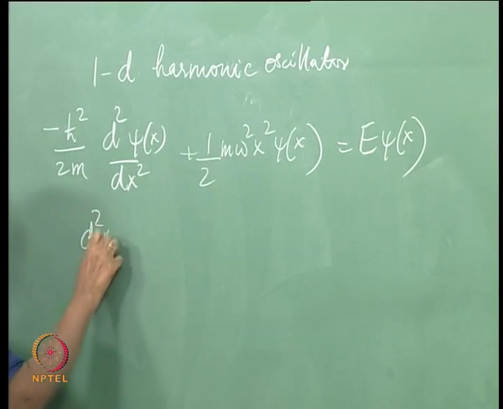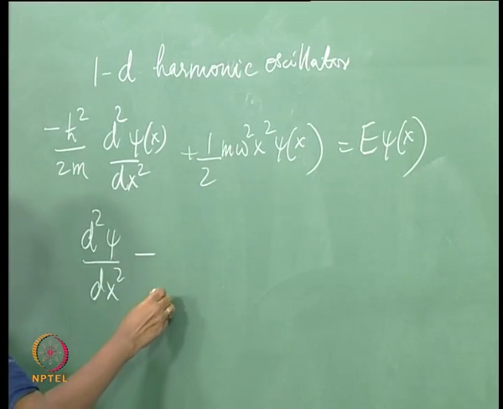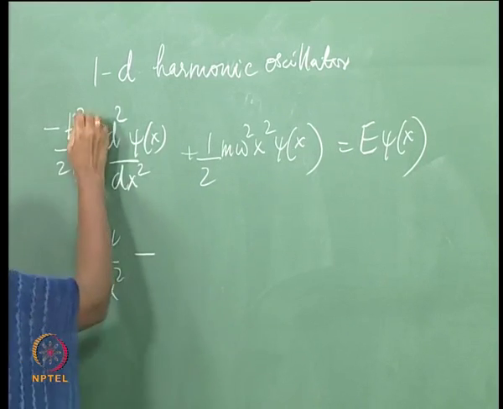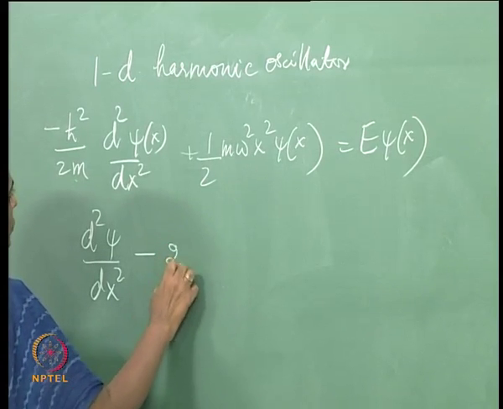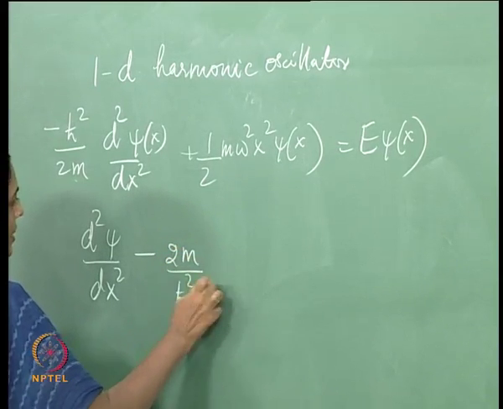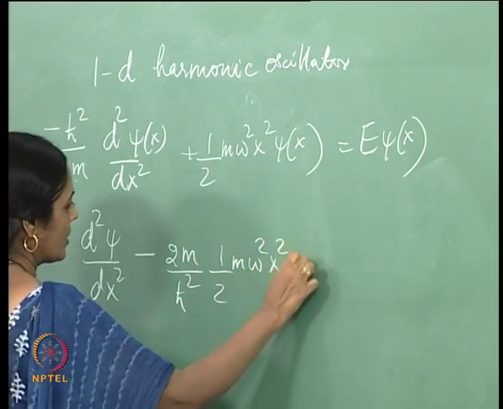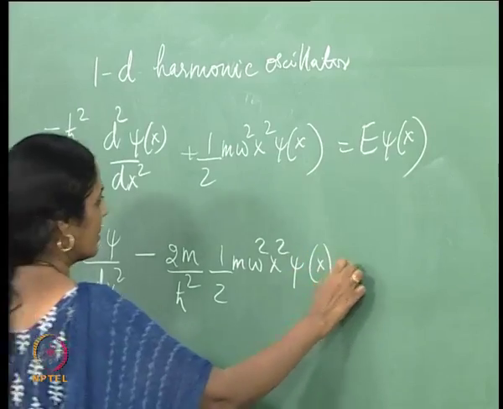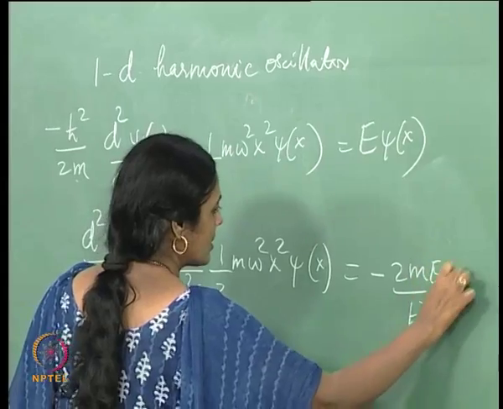So we just have d2 psi by dx squared. I can take this there and I just have minus 2m by h cross squared times half m omega squared x squared psi of x is minus 2m by h cross squared E psi of x.